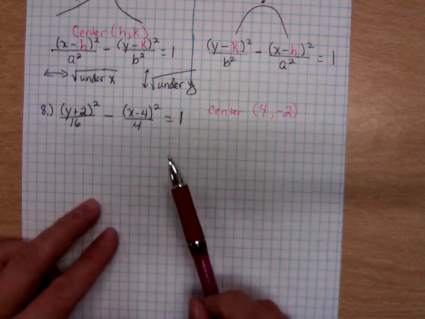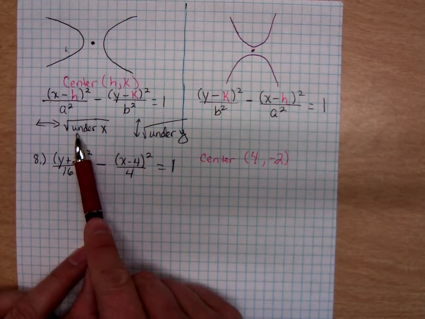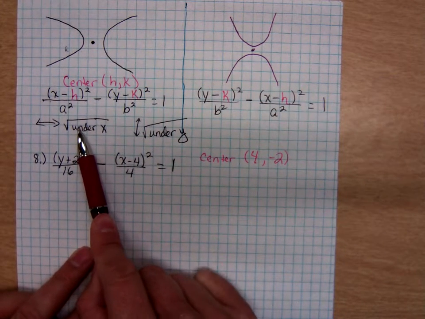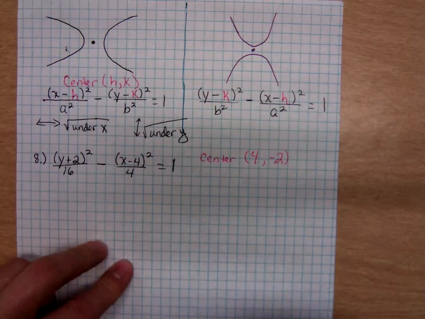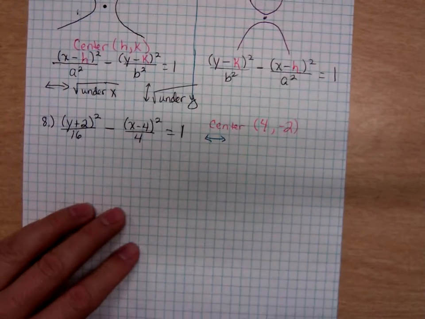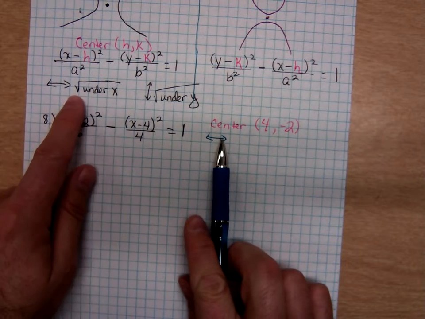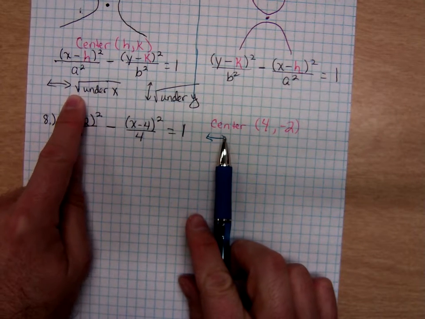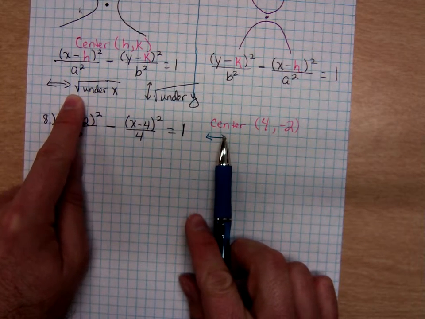Now for the left, right, and up, down movement, it's tricky. Look at what I've written. Left, right, square root of the number under x.